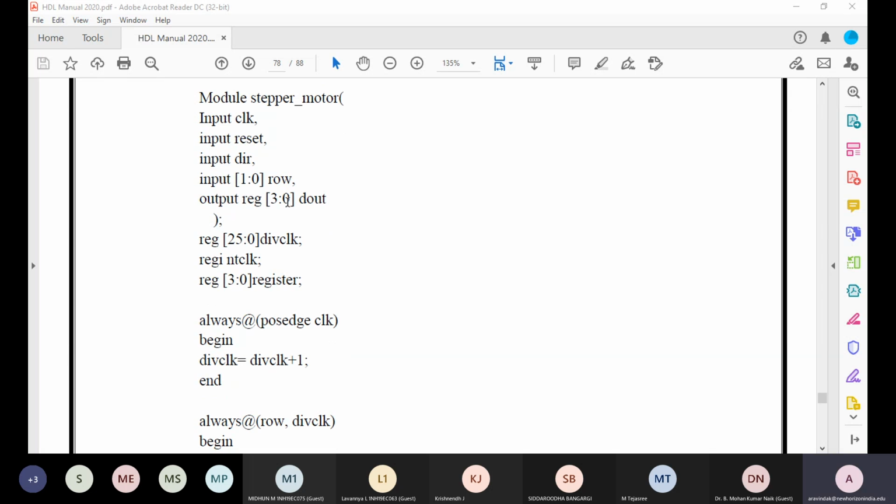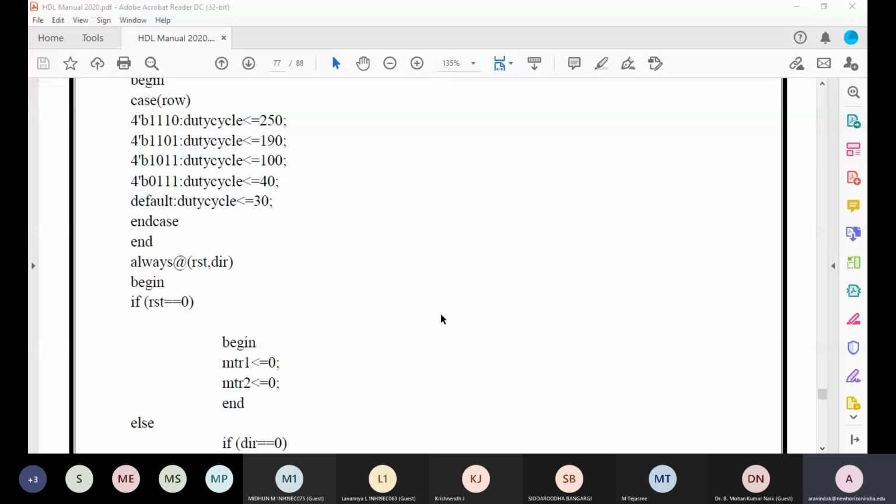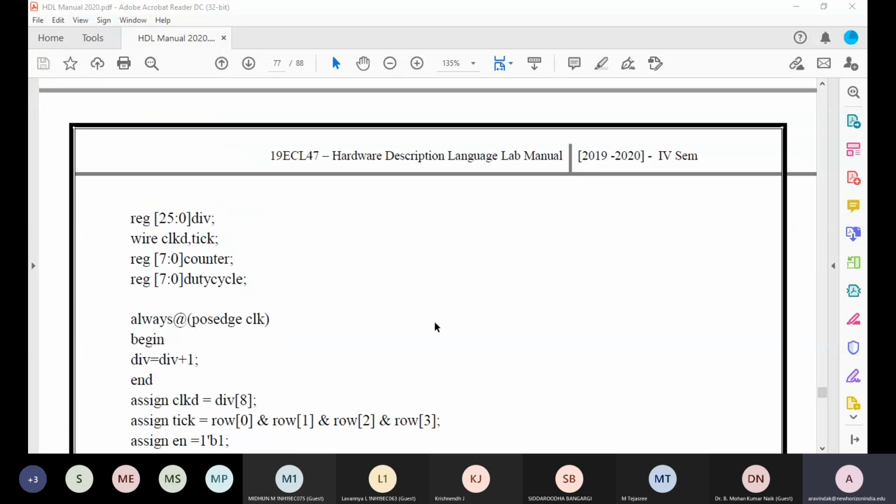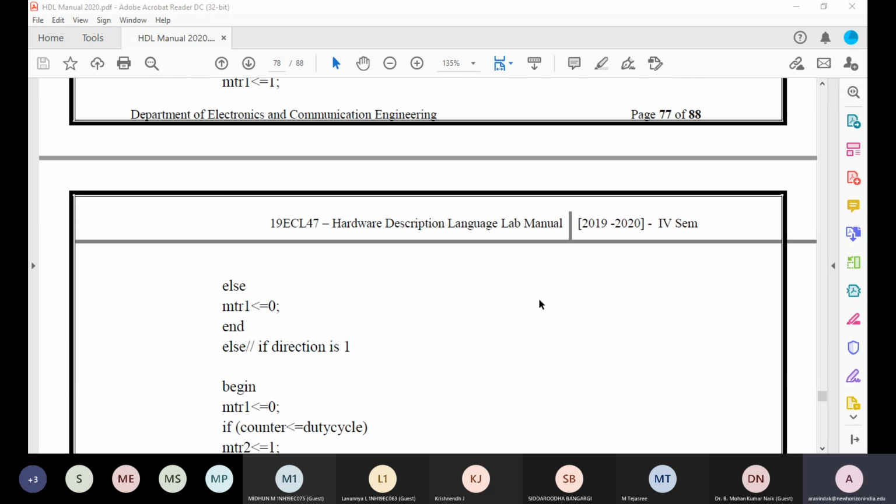So output register 4 bits D out, and then we have one more register 26 bits division clock, just like we had in the DC motor also, right? Here we have register 25:0 div. This is totally 26 bits or 26 positions.